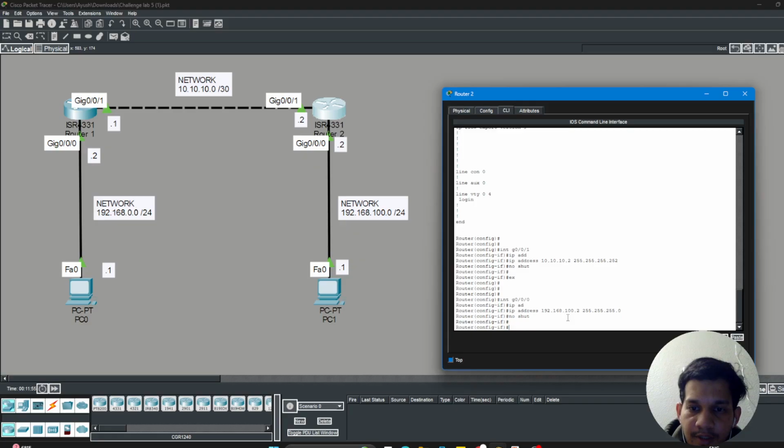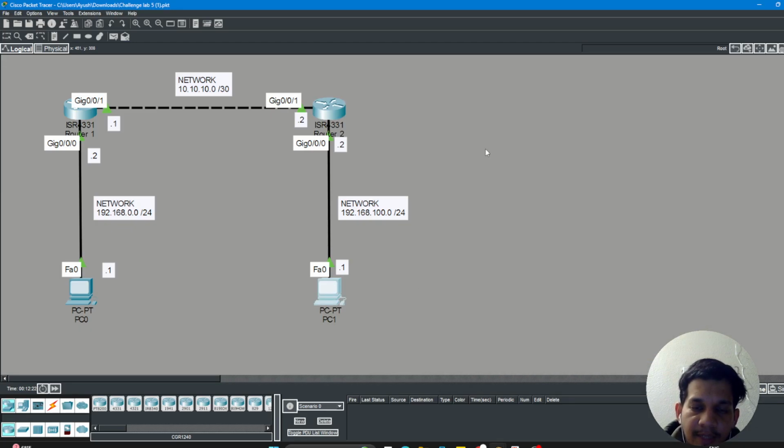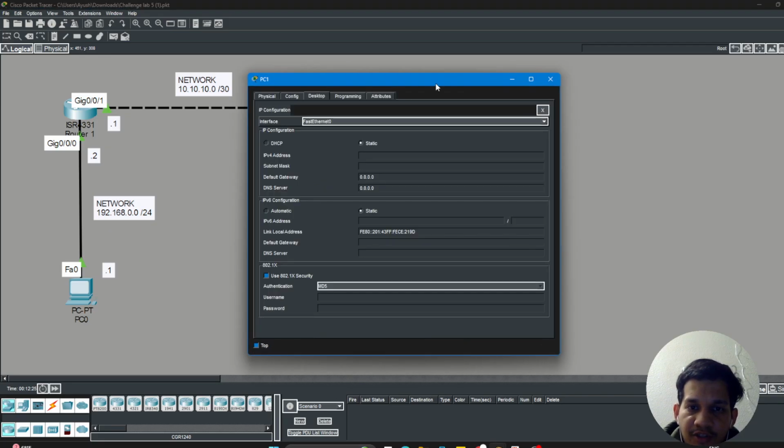Let's verify with show ip interface brief. On G0/0 it should be .2, and for G0/1 it should be 10.10.10.2. Yeah, perfect.